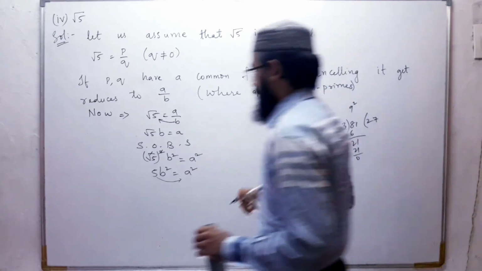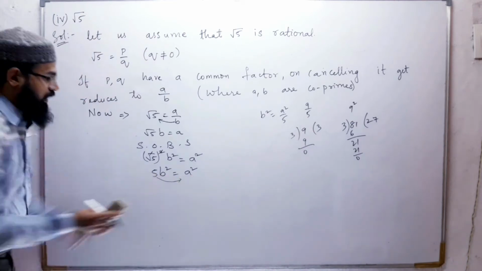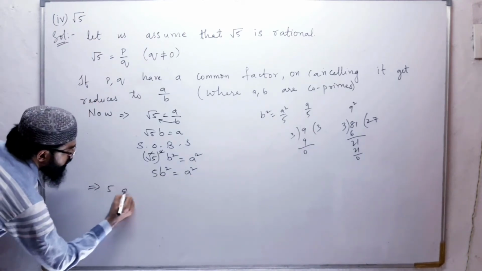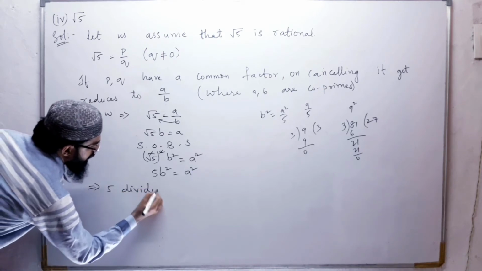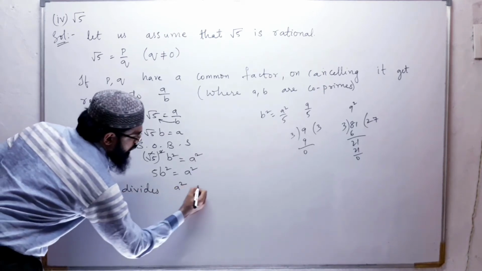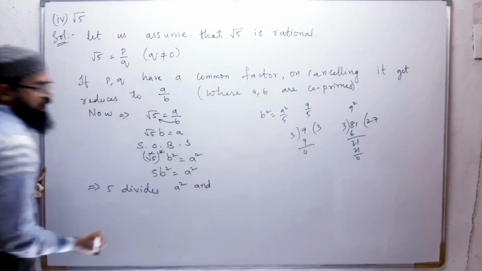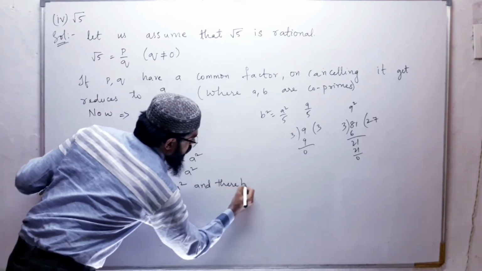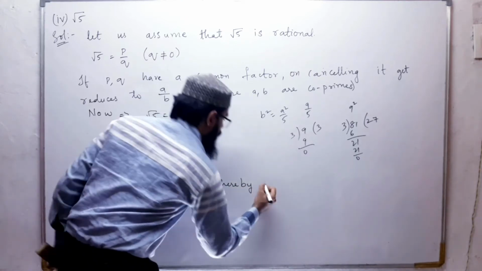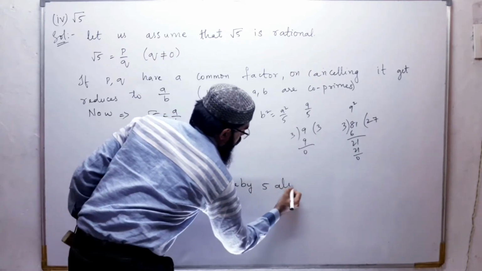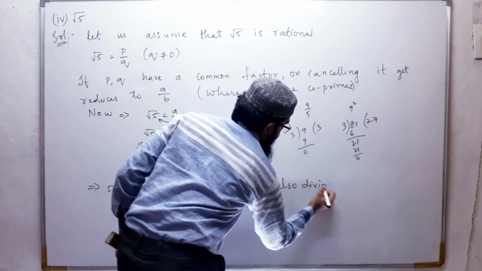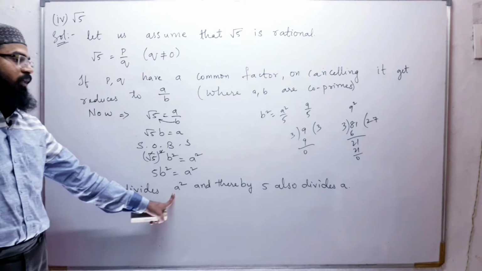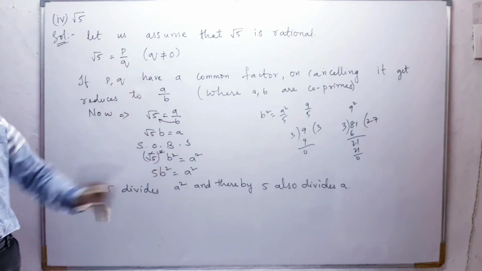That is the basic thing. So here 5 divides a square, and when it divides a square, it also divides a. So 5 divides a.